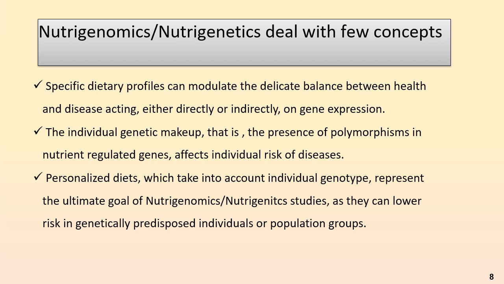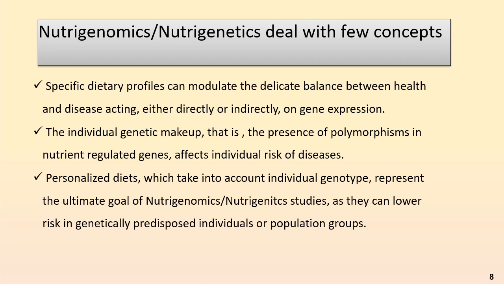And next, nutrigenomics and nutrigenetics deal with a few concepts. Specific dietary profile can modulate the delicate balance between health and disease, acting either directly or indirectly on gene expression. And the individual genetic makeup, that is the presence of polymorphism in nutrient-regulated genes, affects individual risk of the disease.